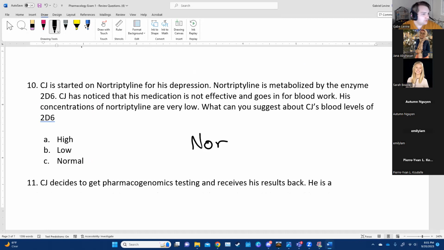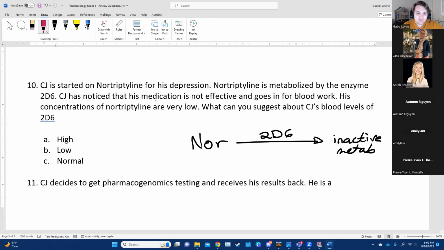So nortriptyline is metabolized by 2D6, most likely into inactive metabolites, which should be your baseline assumption for all drugs unless you're told otherwise. So unless you're told it's a prodrug or it's metabolized into active metabolites, just assume it goes from active drug to inactive metabolites.